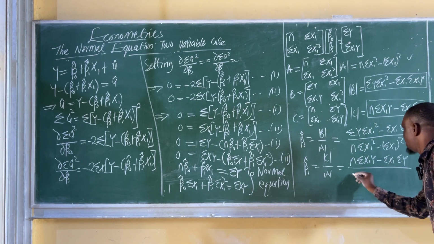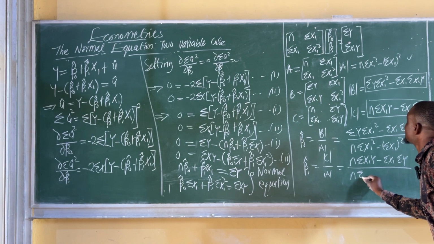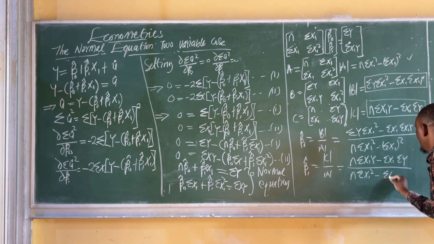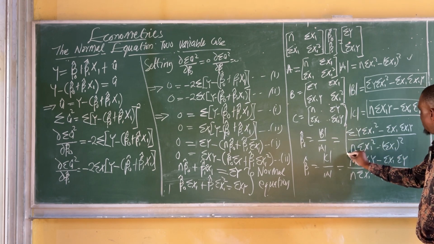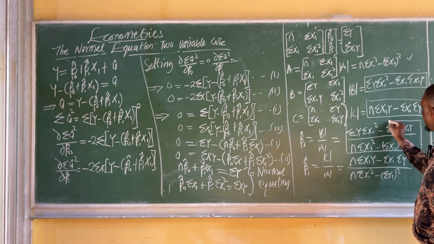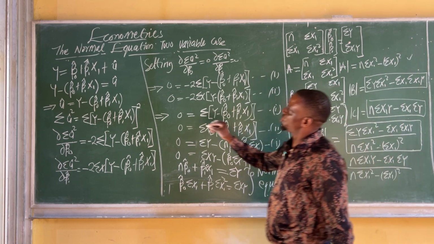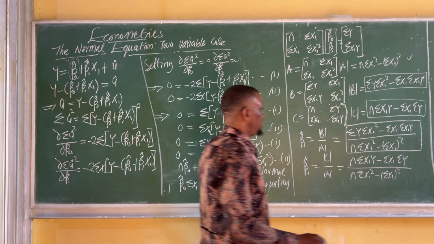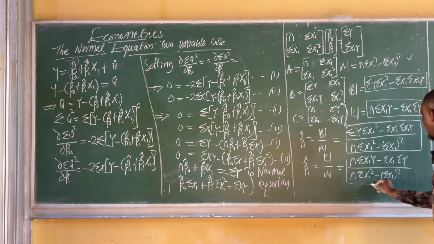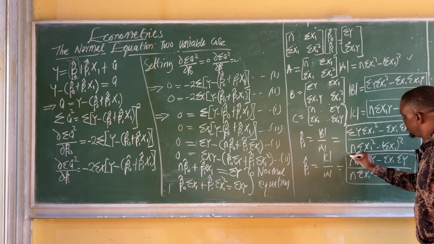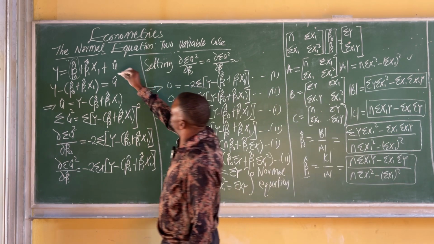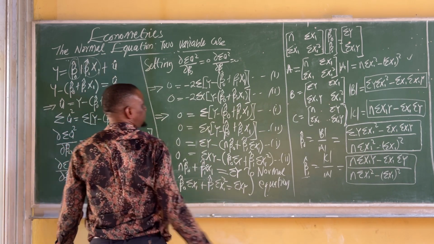Our A is n summation x1 square minus summation x1 all squared. So this becomes the formula for estimating the intercept, which is this particular one, while this is the formula for estimating the regression coefficient, our beta 1 hat, which is this particular one.